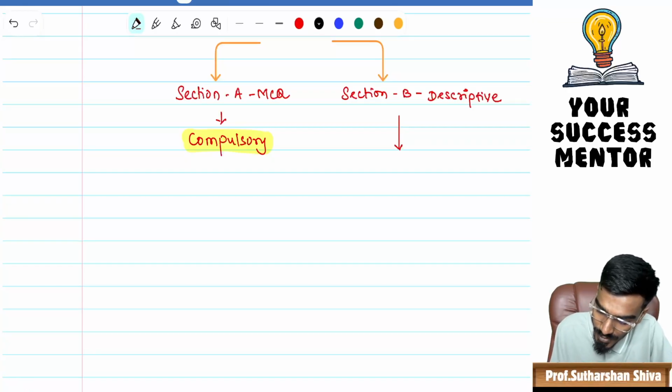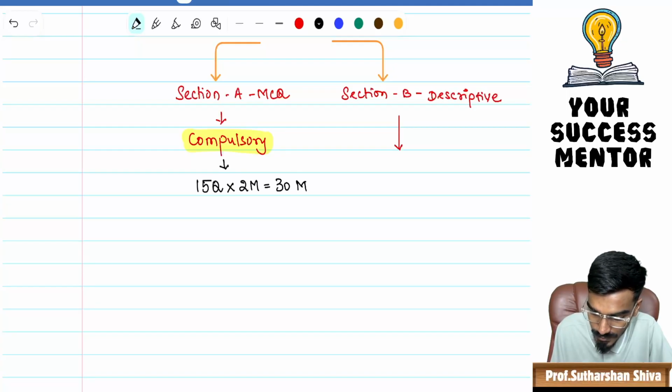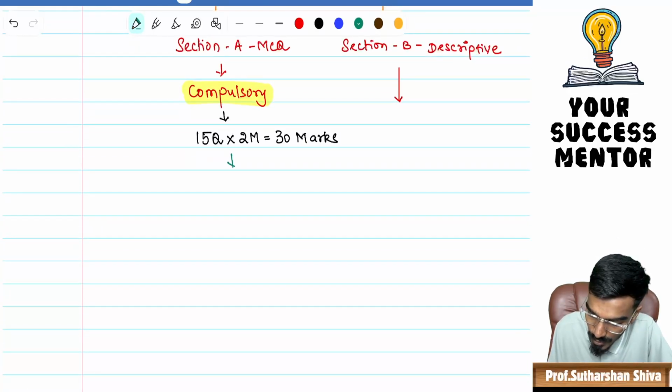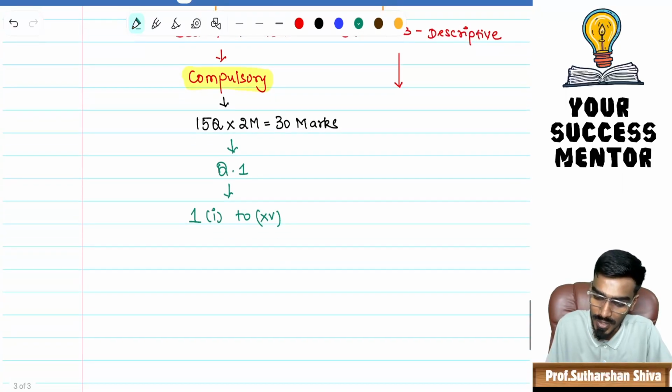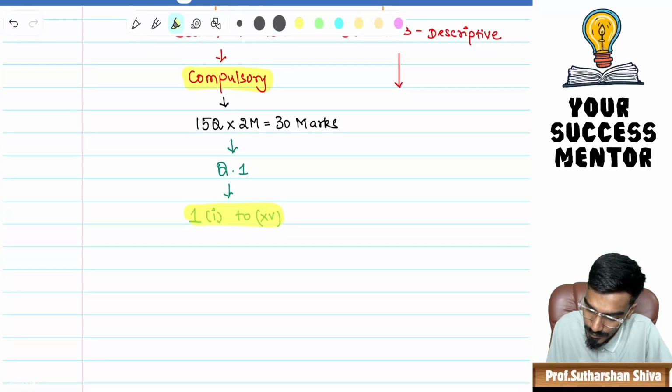This section comprises 15 questions of 2 marks, which gives us 30 marks. This will be our question number 1, the compulsory question, with subparts 1 to 15 in Roman numerals.